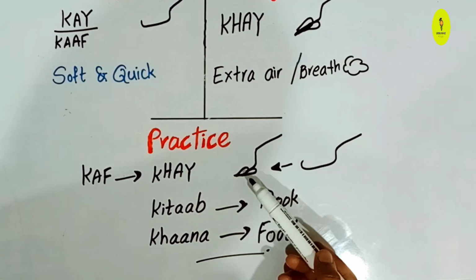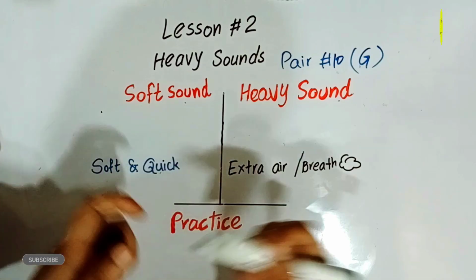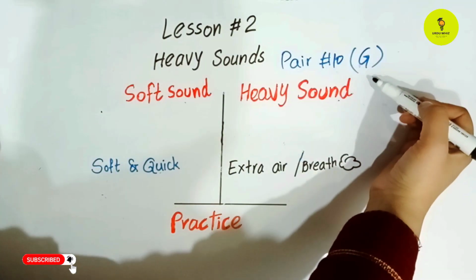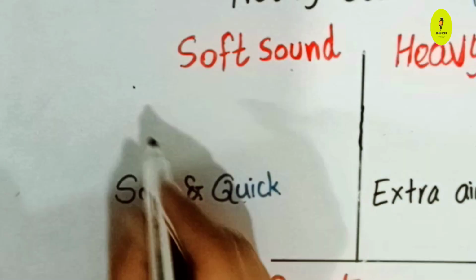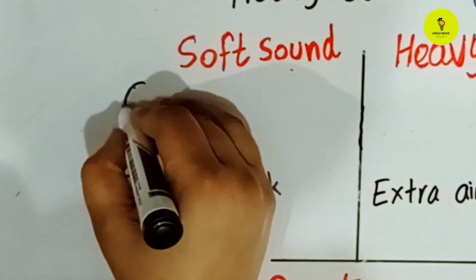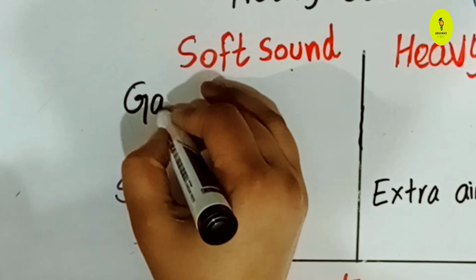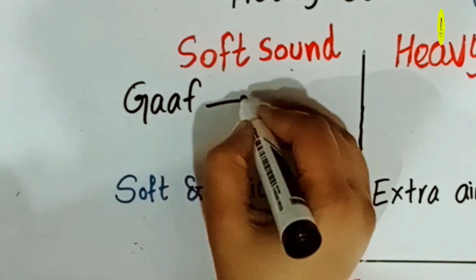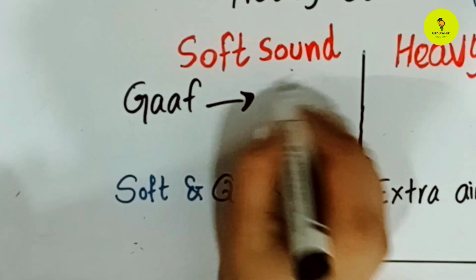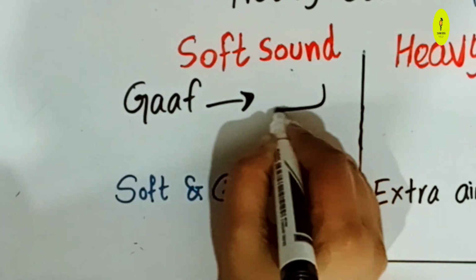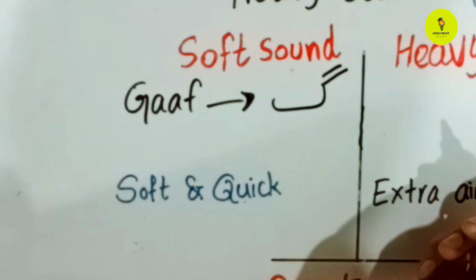Kaaf kitab, Kh khana. Now we have the final pair, that is G, the Gaaf sound. The soft sound of Gaaf is G, A, F. Gaaf, and the Urdu is Gaaf here.